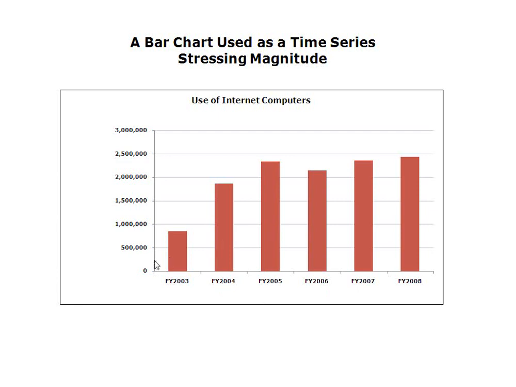Because as you look at this, you don't notice so much the trend as you do the magnitude of each year's figures. So, you can use these two graphs for basically the same purpose, but it depends on what you're trying to emphasize, and that depends on what your message is. Are you trying to show a trend, or are you trying to show how many uses of those computers you had?